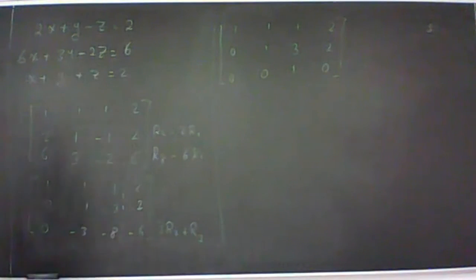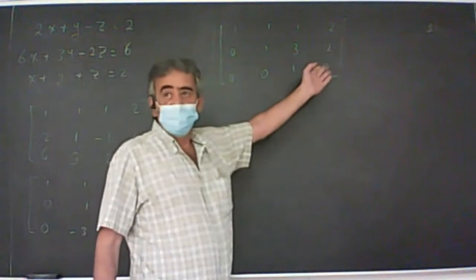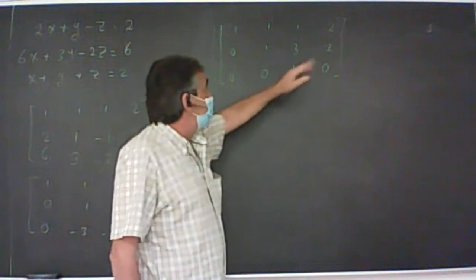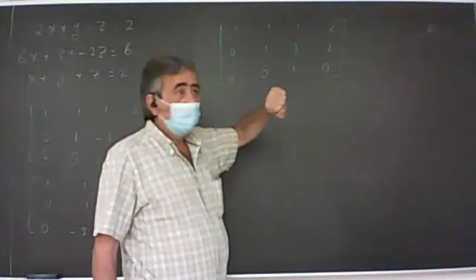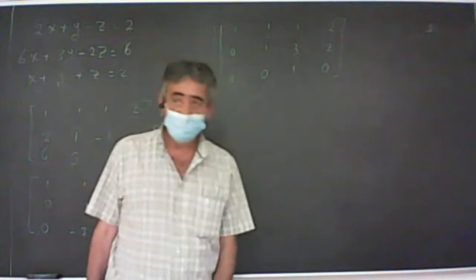So now what do we have? We have z equal 0, y equal 2, and x is equal to 0.